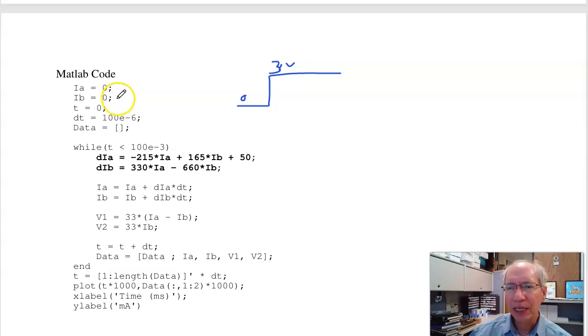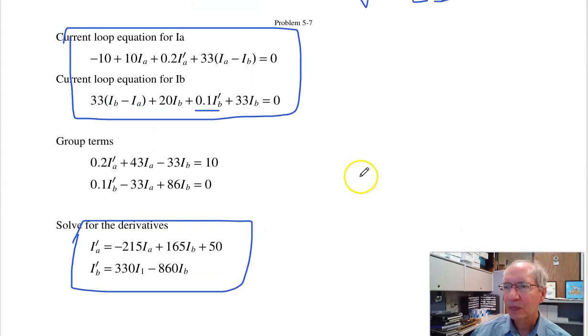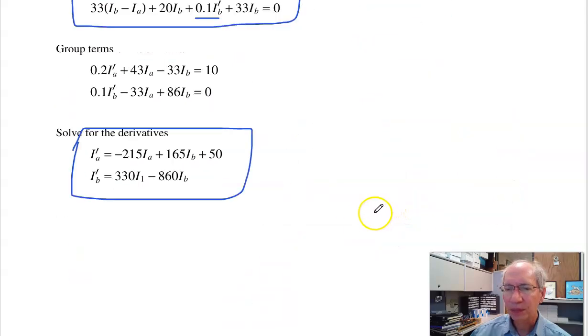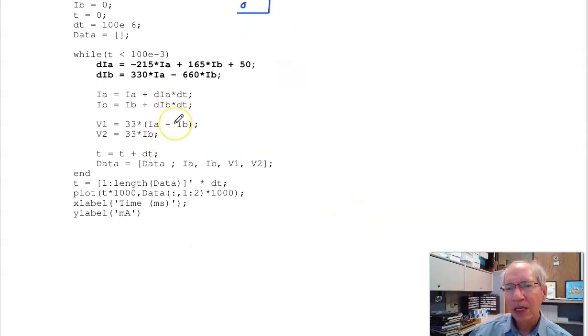Starting at 0 amps for I0, IA, and IB, I'll find the derivative, integrate using numerical techniques, and then so I can plot the voltages, V1 is 33 IA minus IB, V2 is 33 IB. I'll calculate the voltages and then save them. I'll then plot when I'm done.